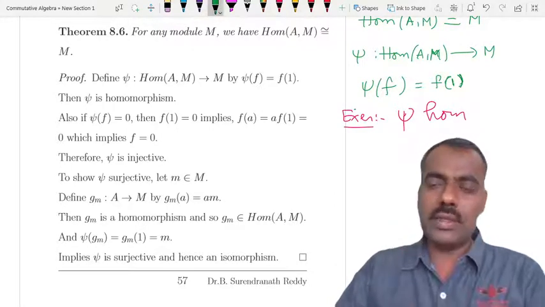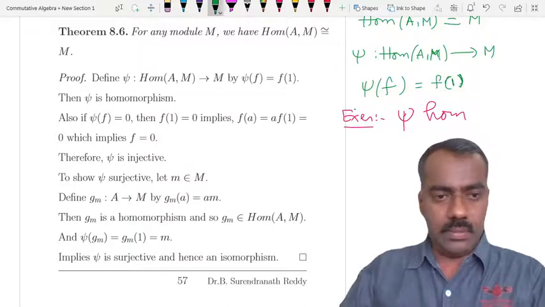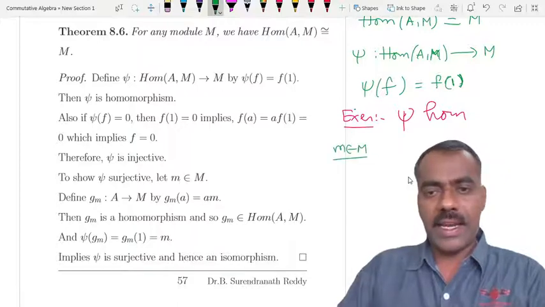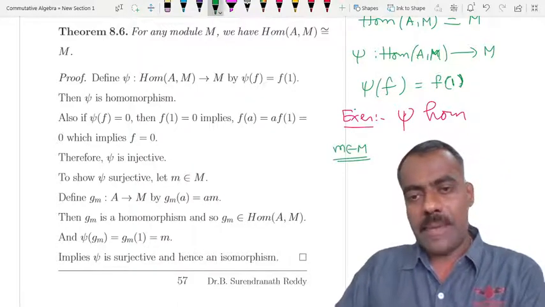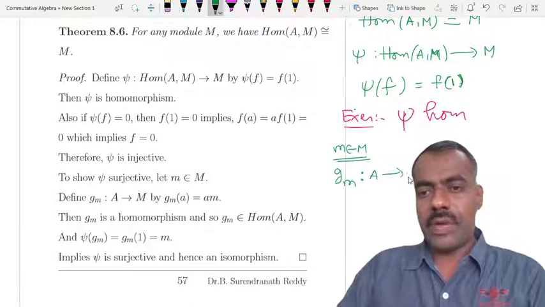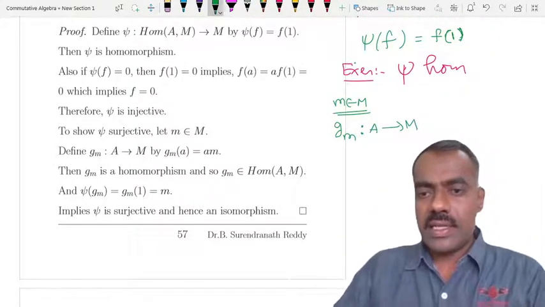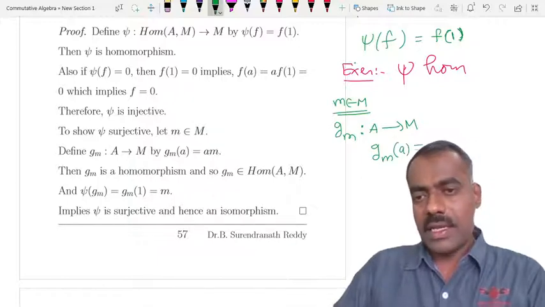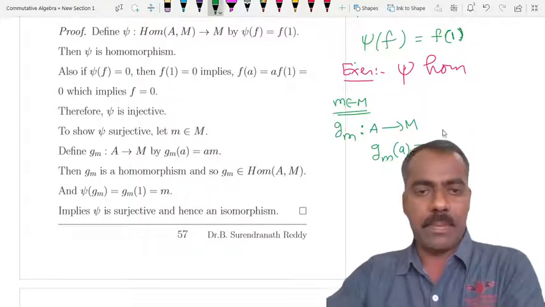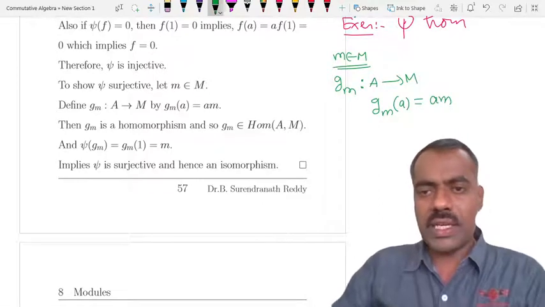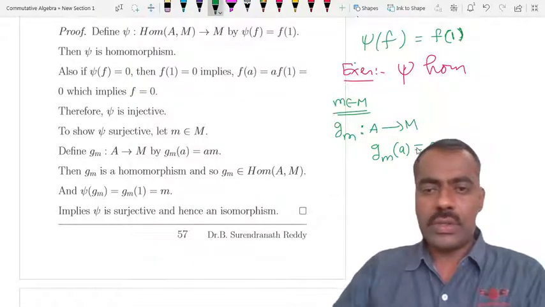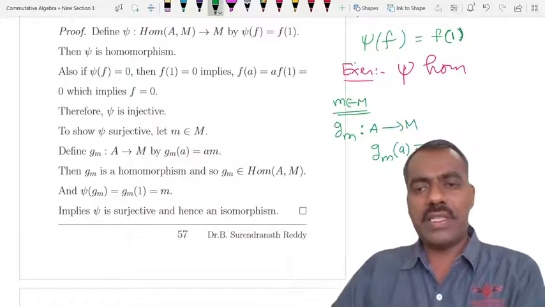That means if psi of f is 0, then you show that f is 0 itself. Now how do we show that it is surjective? Take some m in M. For this m we want to define a homomorphism from A to M. So you define g_m from A to M in such a way that for any a in A, g_m of a is a times m, which is again in M because M is an A-module.